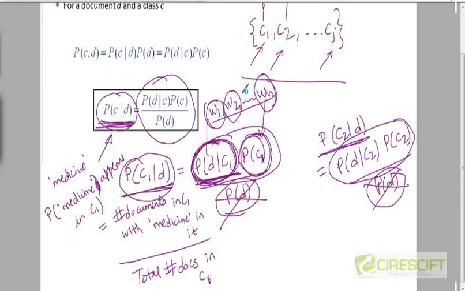What is the probability that I'm going to see the word Wn if I was looking at an arbitrary document within class C1? From those probabilities, I can compute the probability that I would see all these terms appear in an arbitrary document from the class C1.